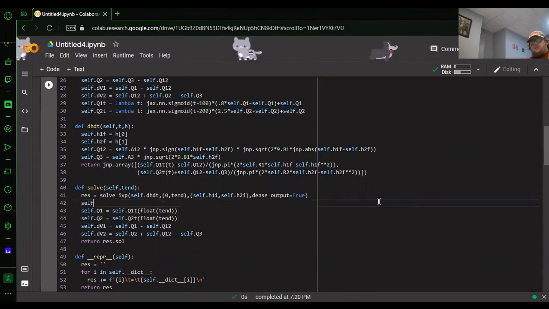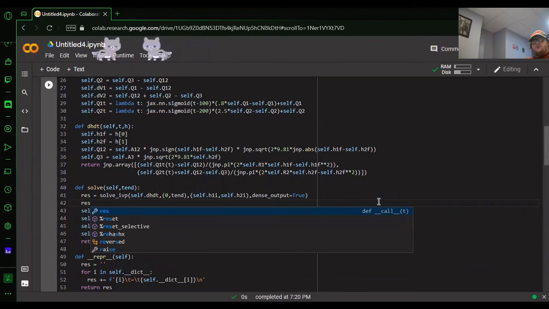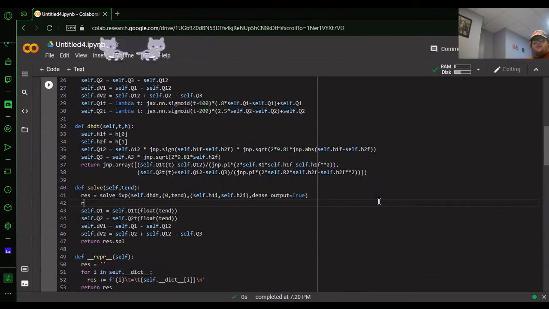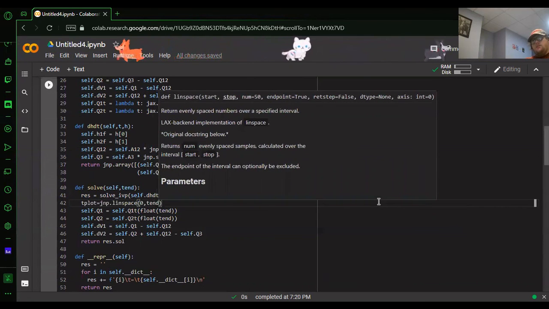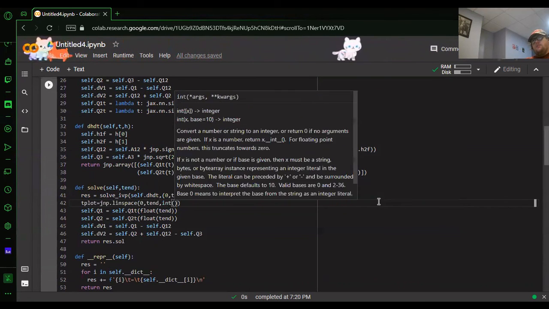So what I'm going to do is be self Q1T, T plot in here, and space 0 T end int T end.